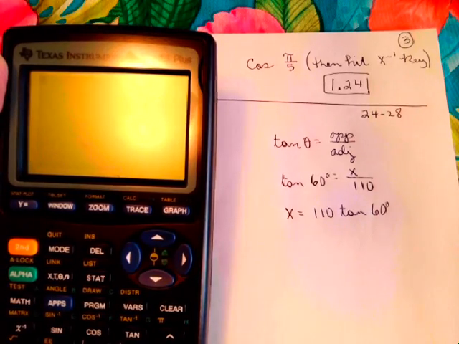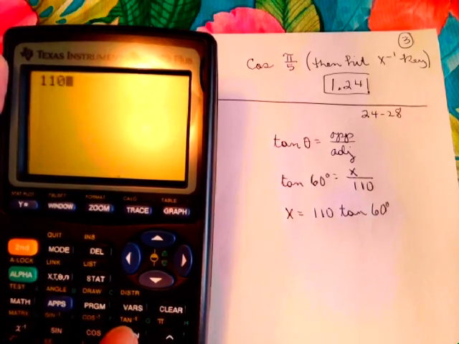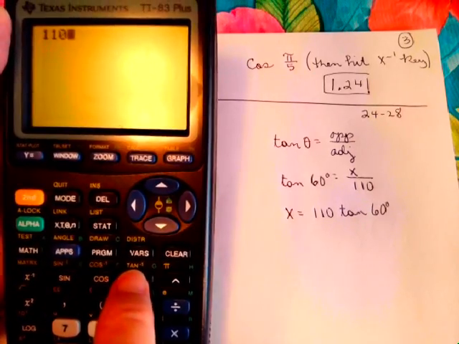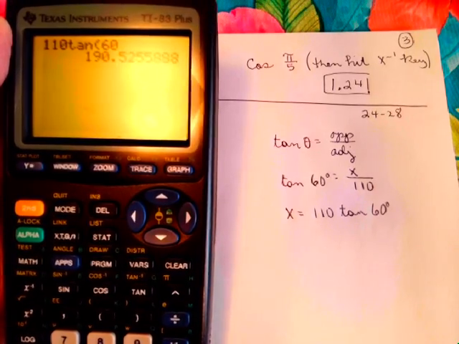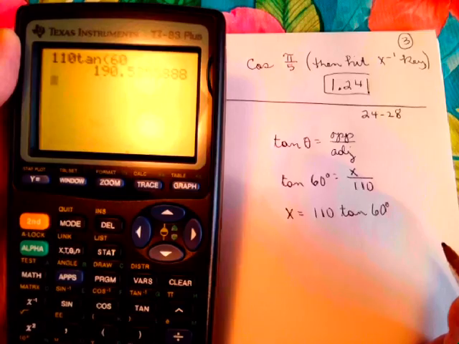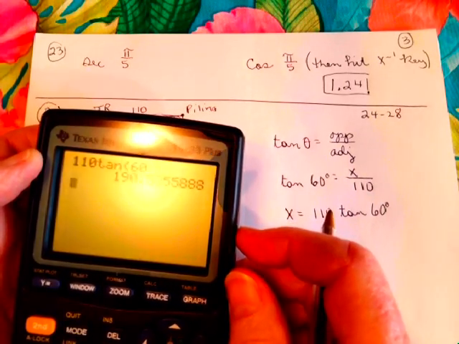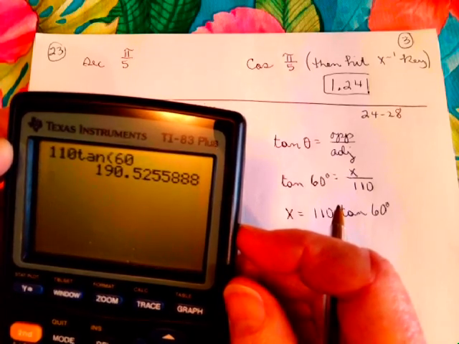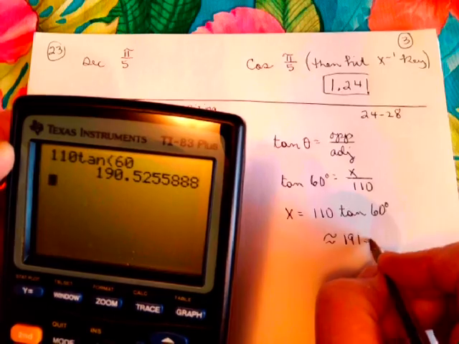Now 110 tangent 60, enter. Round that to the nearest foot, approximately 191 feet.